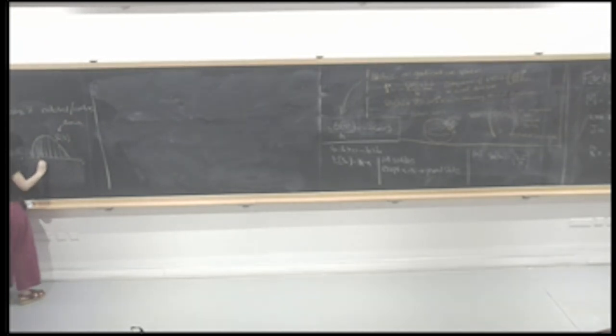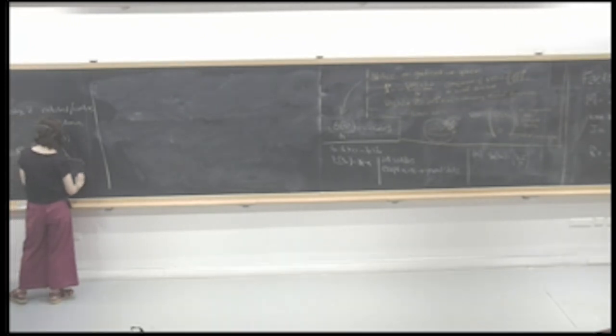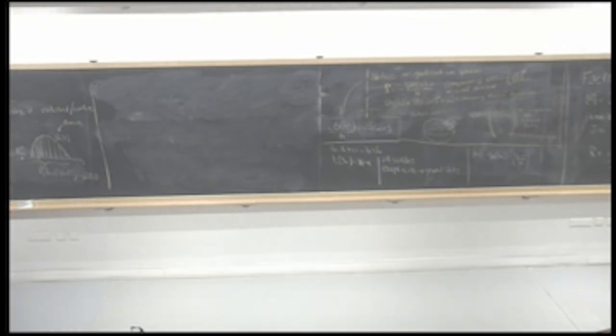And the idea is that in this regime, the probability that one eigenvalue lies in the interval lambda, lambda plus d lambda, is well approximated when n is large by the density times d lambda. Whereas here I have a point and I have to keep the point.